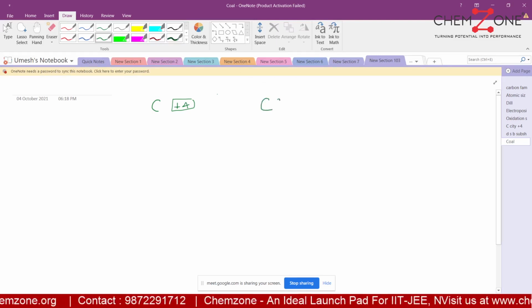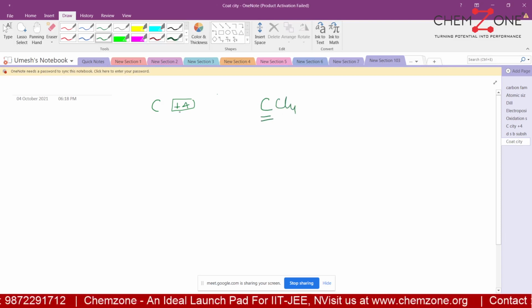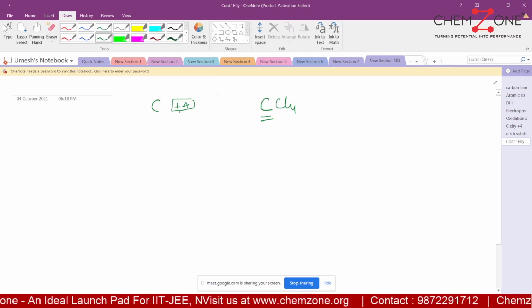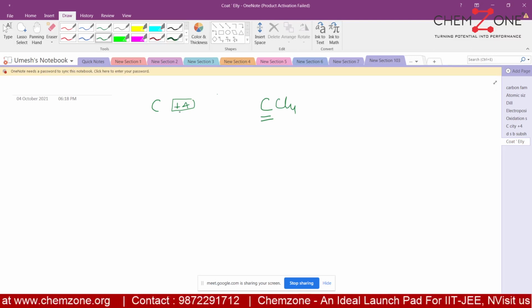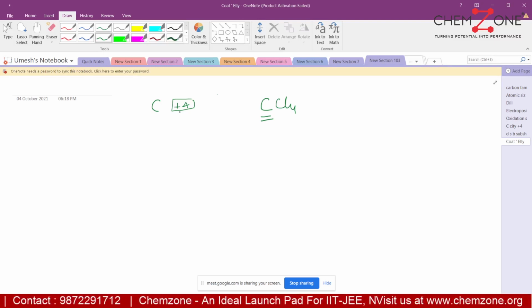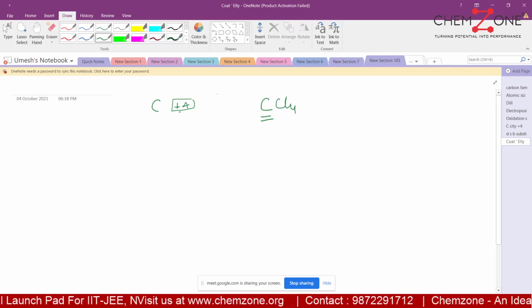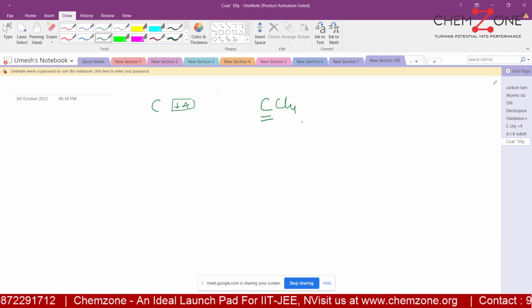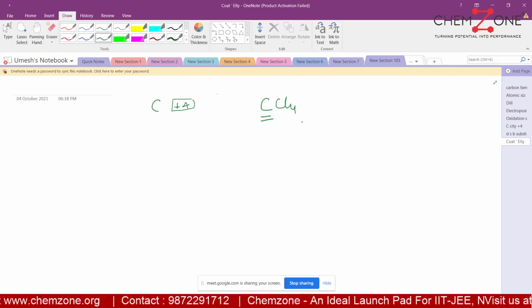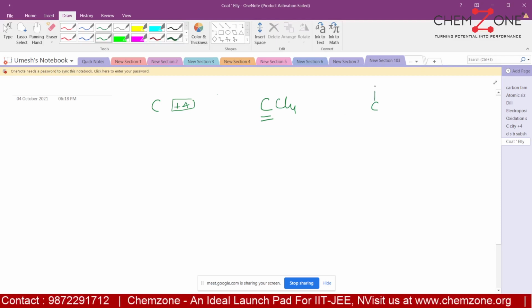If you make any compound of carbon here, like carbon tetrachloride, where the oxidation state is +4, what type of compound is it? Covalent or ionic?